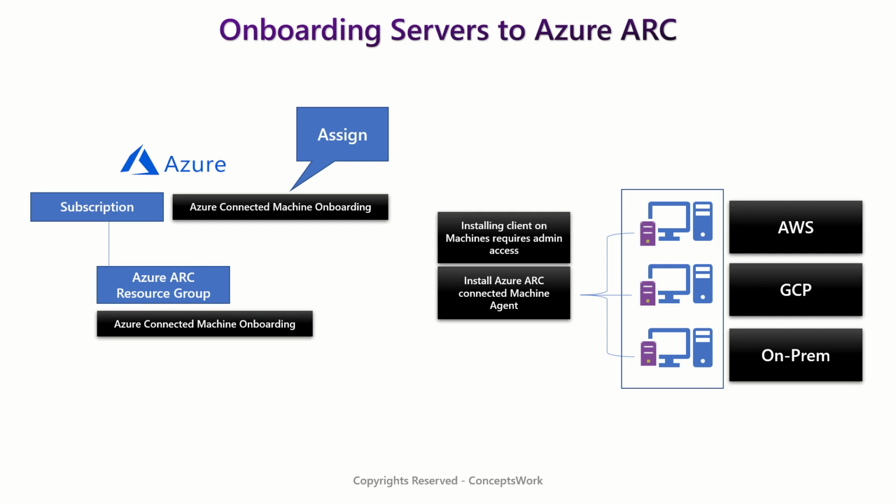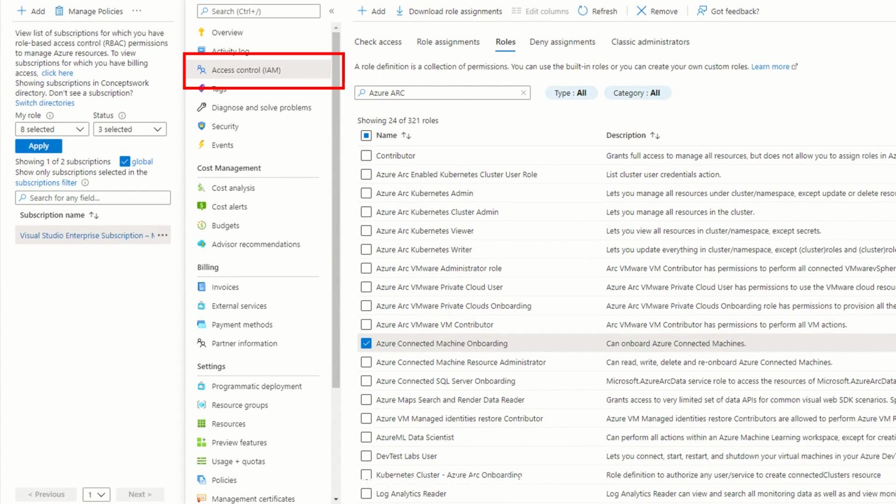If you want to check details about this role, go to portal.azure.com, select your subscription where you will be enabling this service, click on Access control, then click on Roles, and in the search bar type Azure Arc and you will get a list of all the roles that exist.